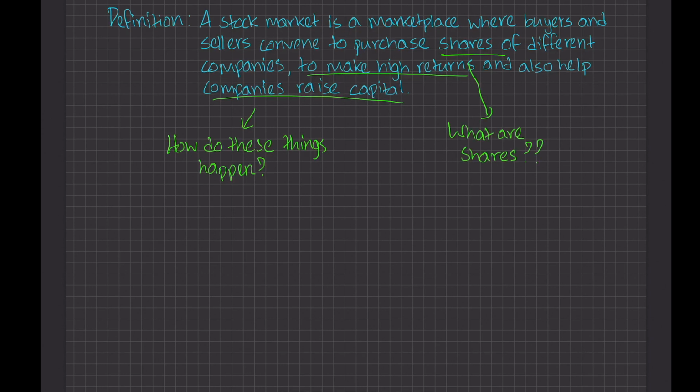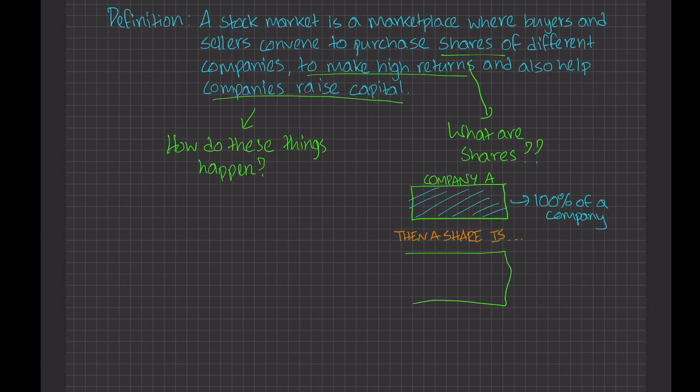What are shares? To show this, let's take an example of an arbitrary company called Company A. And Company A comprises 100% ownership. This could be owned by anybody, but it's 100%. So then a share is literally just a part of that 100%.